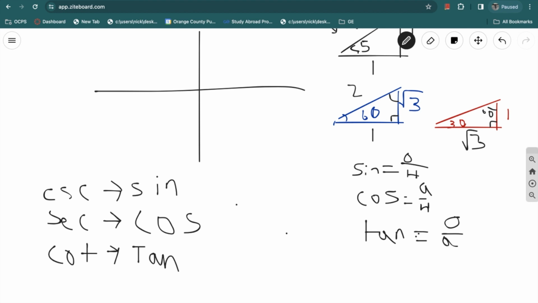Secant is similar to sine, so they are not inverses of each other, so secant must be the inverse of cosine. Now this is key. You have to memorize this.